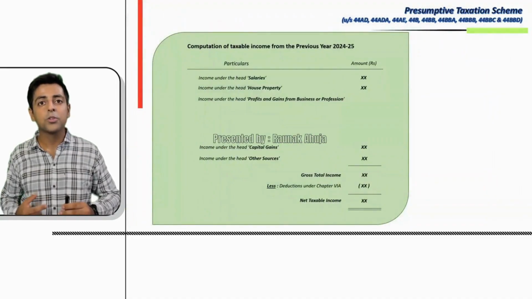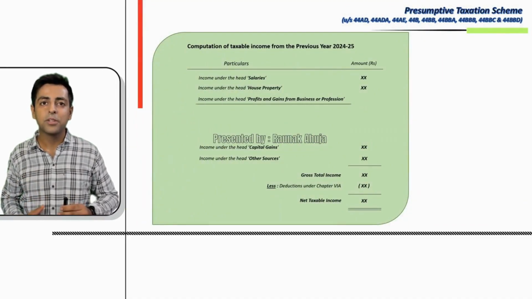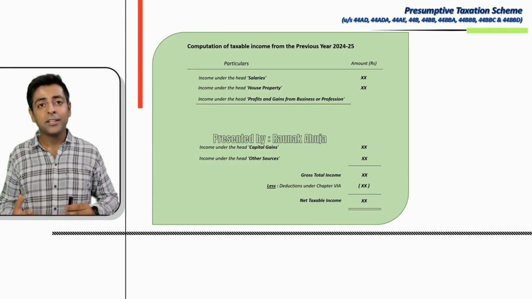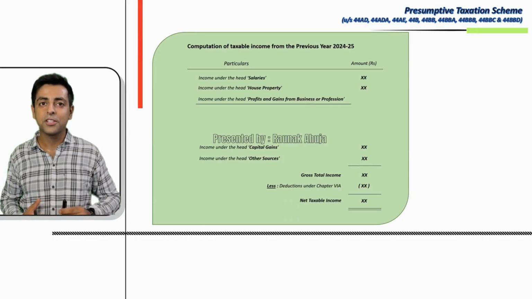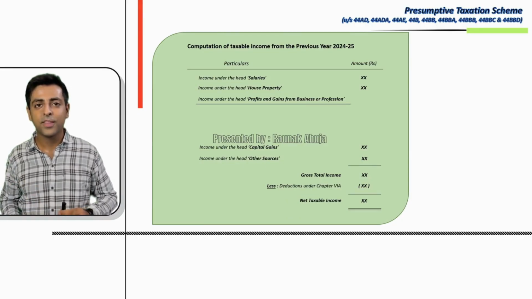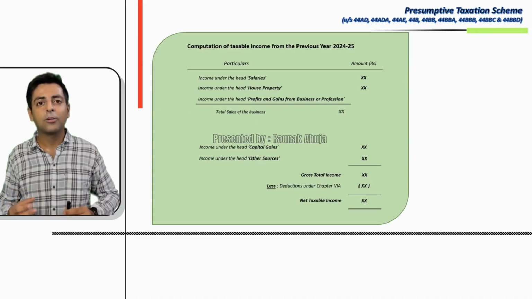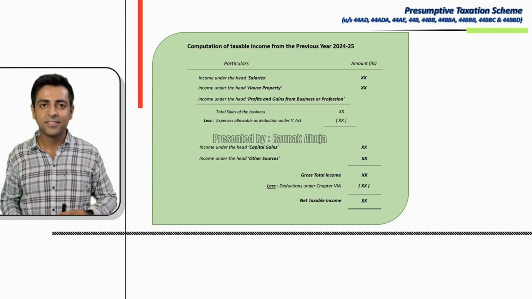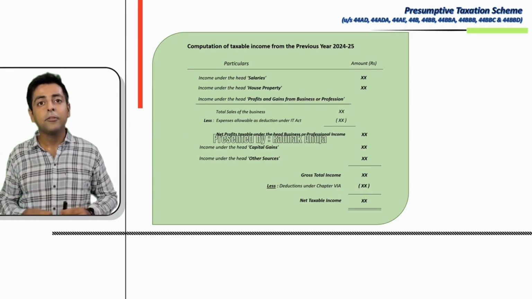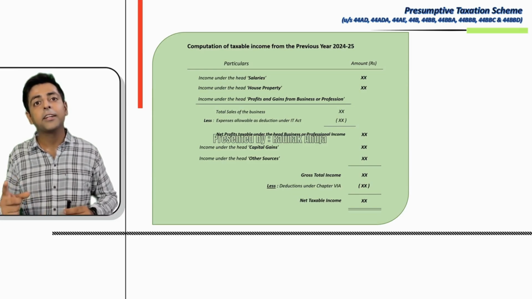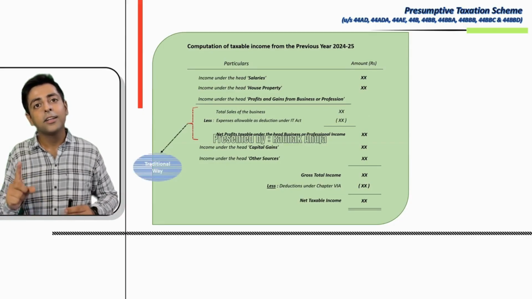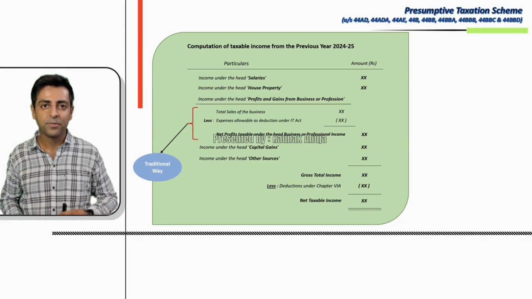Now, let's focus on how we calculate incomes under the head business or profession. Incomes under the head business or profession is calculated as follows. First of all, we calculate the total sales or total revenue of the business. Then we calculate the total expenses of such business, and then we identify those expenses that are allowable as deductions under the income tax provisions.